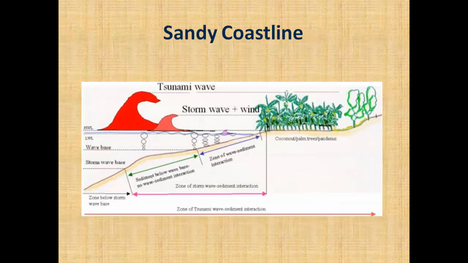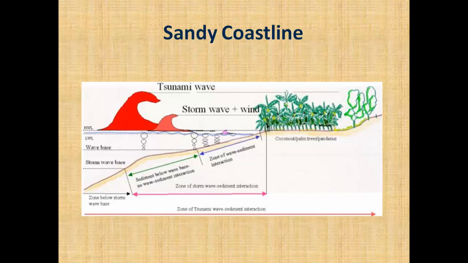And our last coastline is the sandy coastline. Basically what you think of as a beach. Your Caribbean beaches, your East Coast beaches, your West Coast beaches. This is what people think of when you think of a beach. These sandy coastlines, again, are unconsolidated.